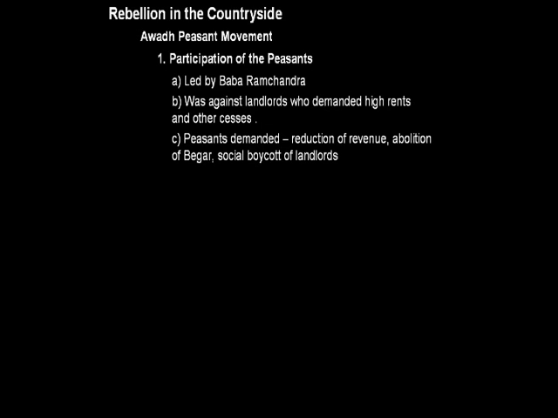We already know that during this time period, the society was broadly divided into two parts: the upper caste and the lower caste. The Nai and Dhobi were basically part of the lower caste, and the work done by them was not done by the people of the upper caste, like the Nai, the barbers, or the washermen.